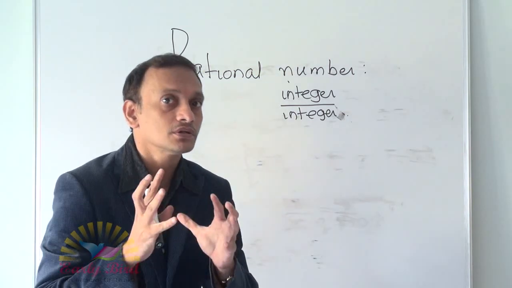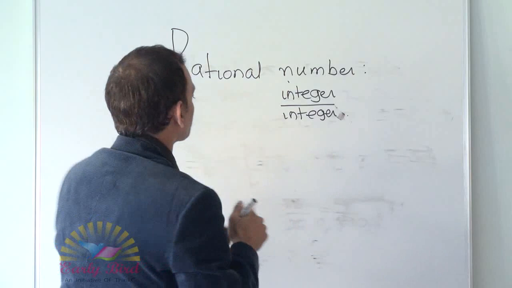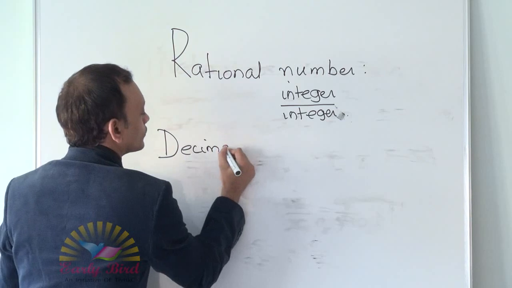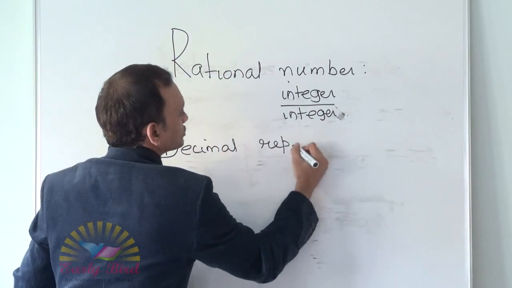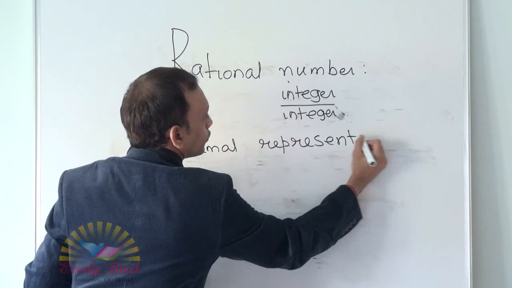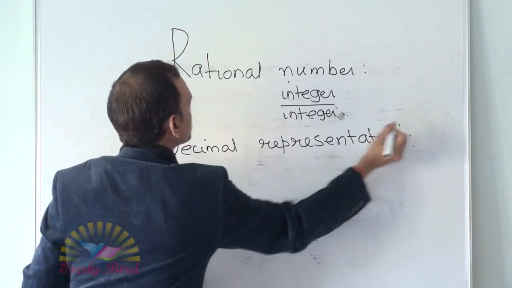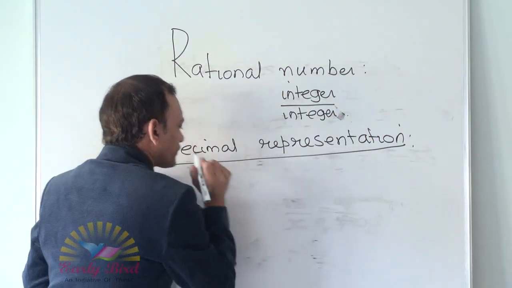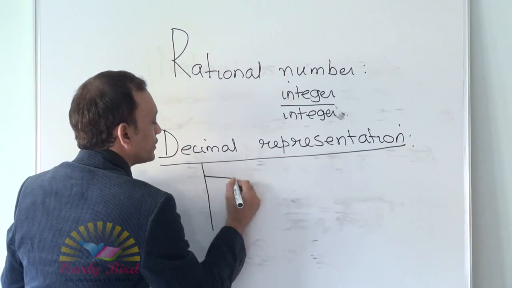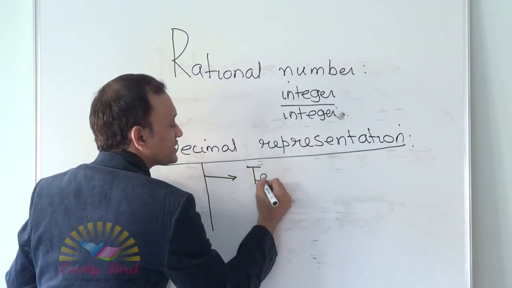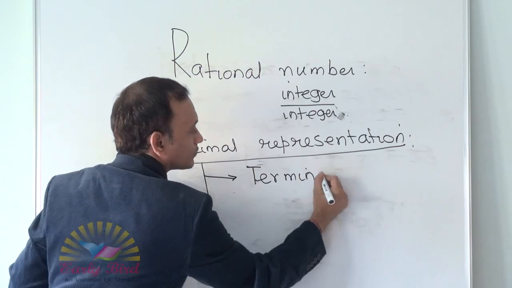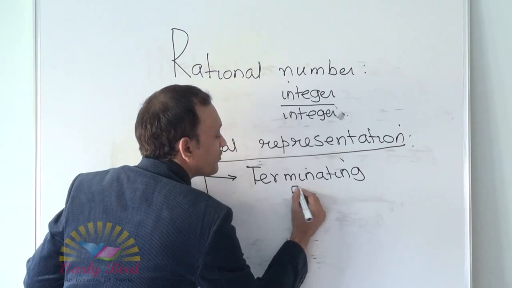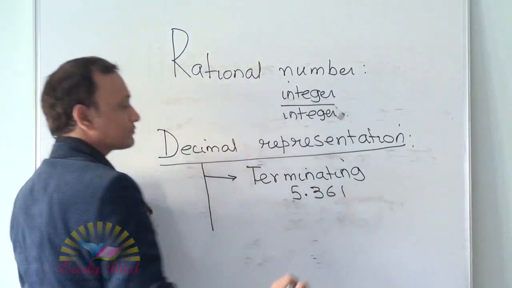Now, there is a decimal representation of rational numbers. What's a decimal representation of rational numbers? You could have a terminating decimal, for example, 5.361.